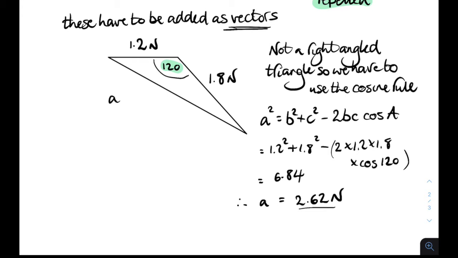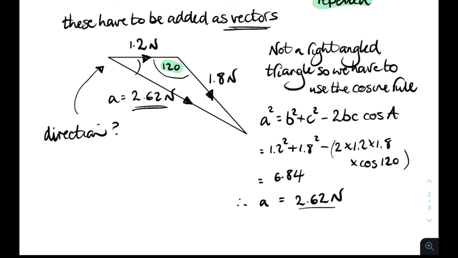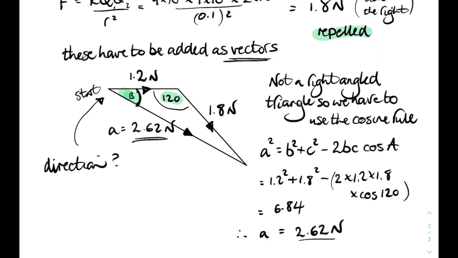We now need the direction as well. And for the direction, we're going to need that angle in the triangle, the first angle. Because remember, our vectors are going in that direction. So from start to finish, we need the starting angle. And for that, we're going to need the sine rule. I don't think you would ever be asked this in a final exam.